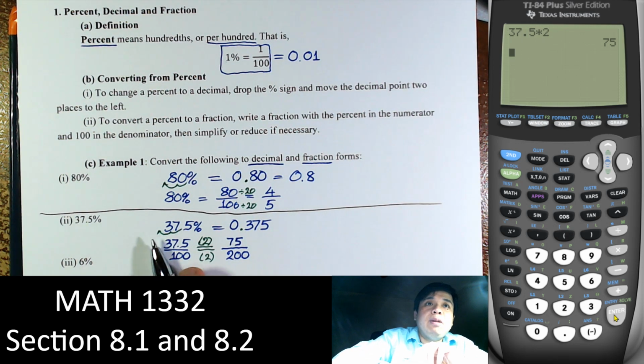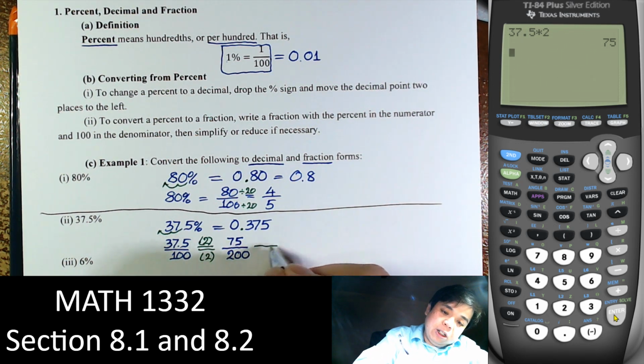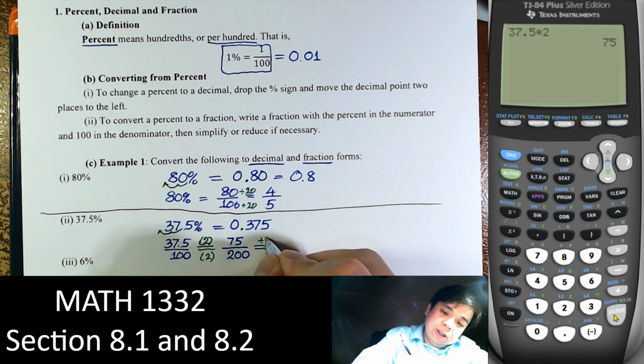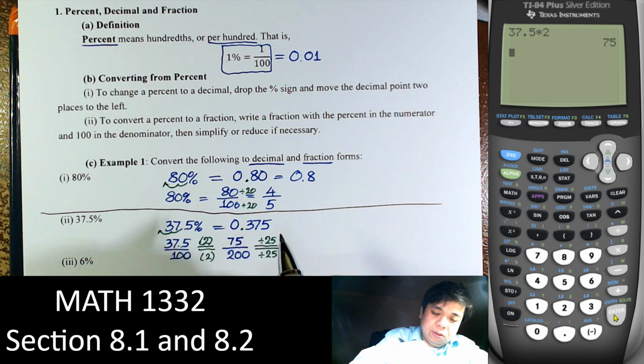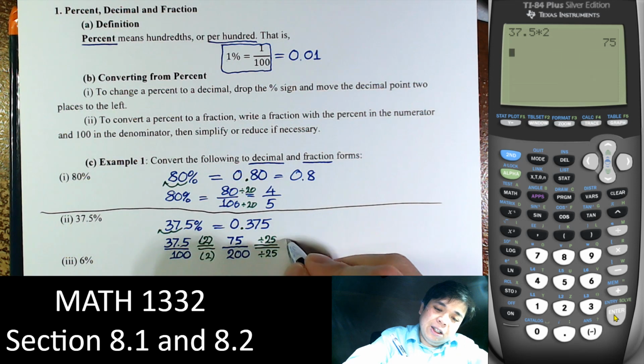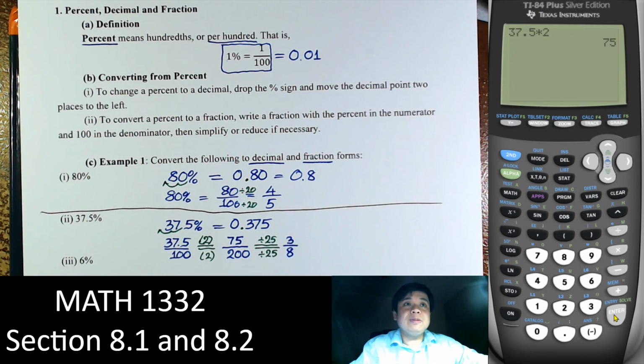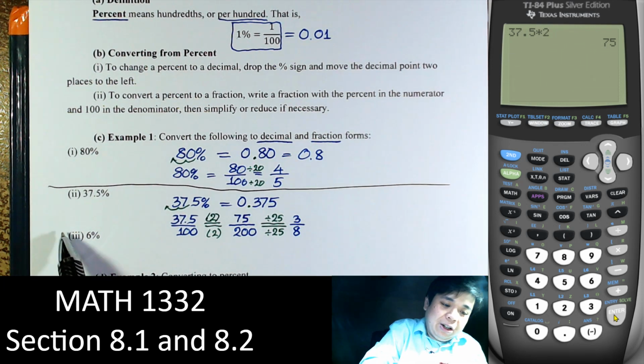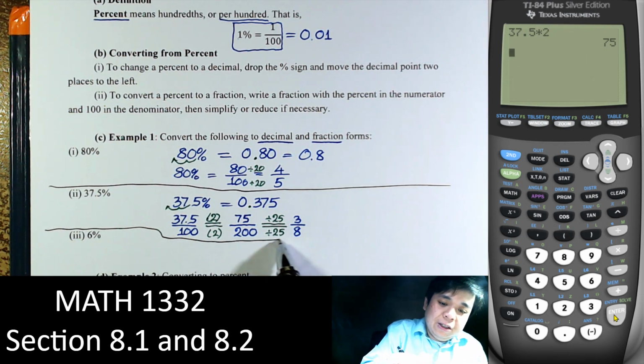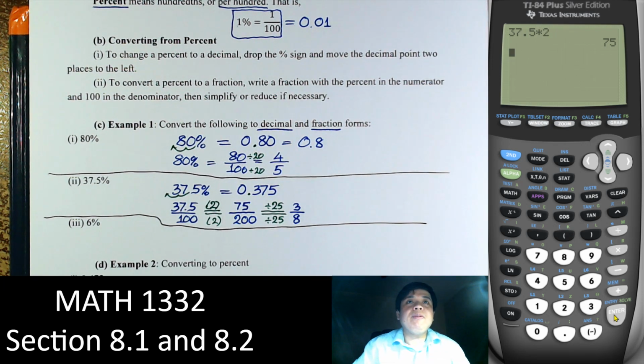Now both of them can be divided by 25, giving 3 over 8. So that's what we get.